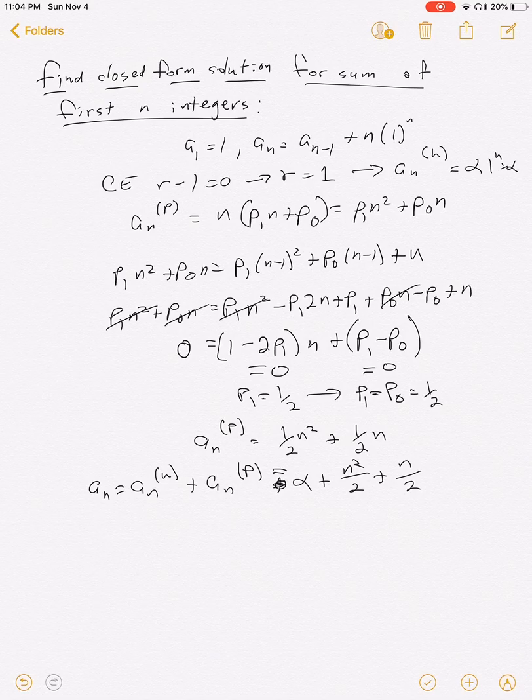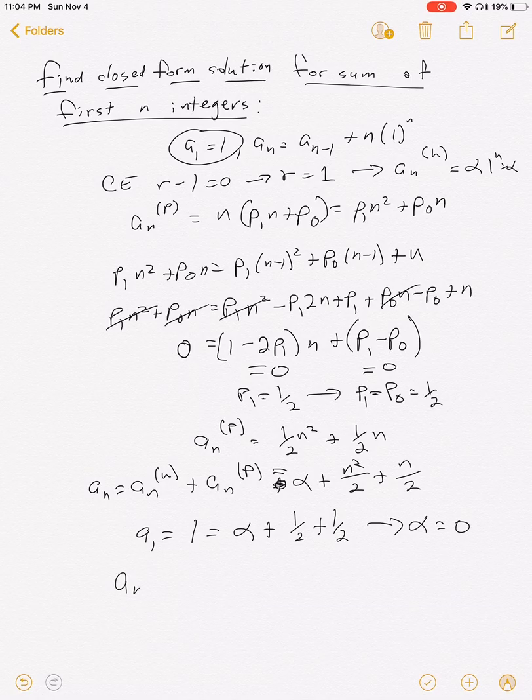And I have an initial condition that a sub 1 equals 1, so a sub 1 equals 1 equals alpha plus 1/2 plus 1/2. Well, that just means 1 is equal to alpha plus 1. That means alpha equals 0. So a sub n equals n squared over 2 plus n over 2.